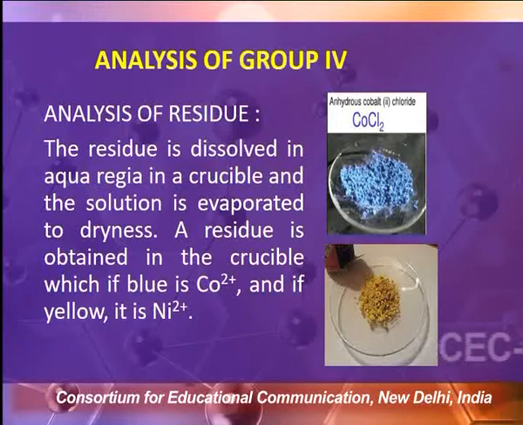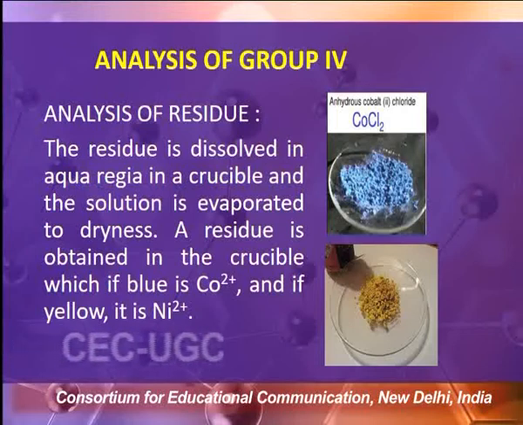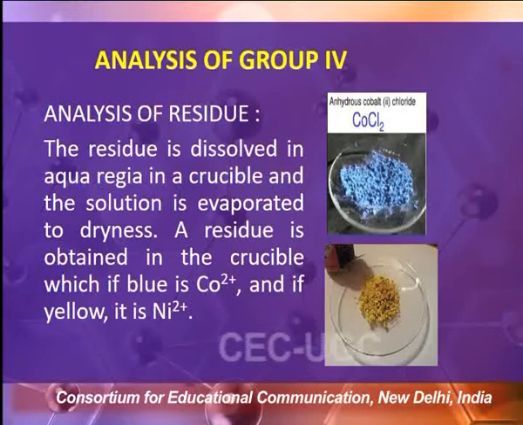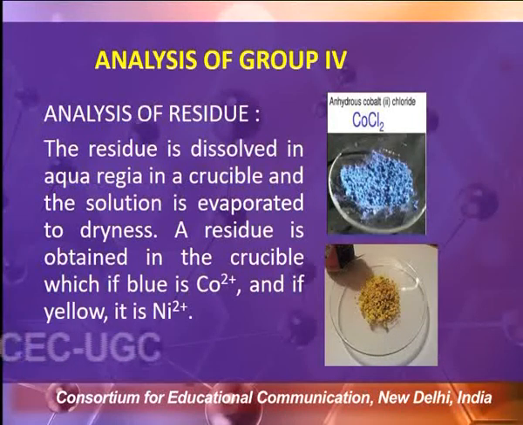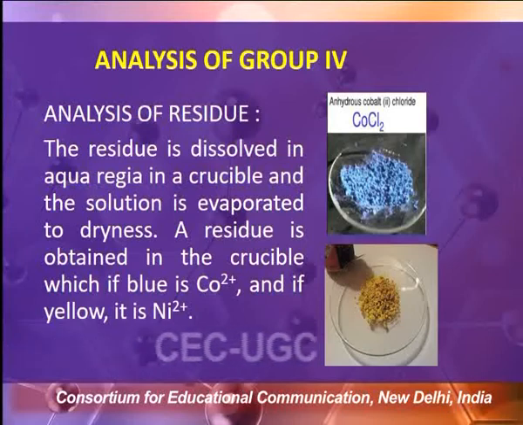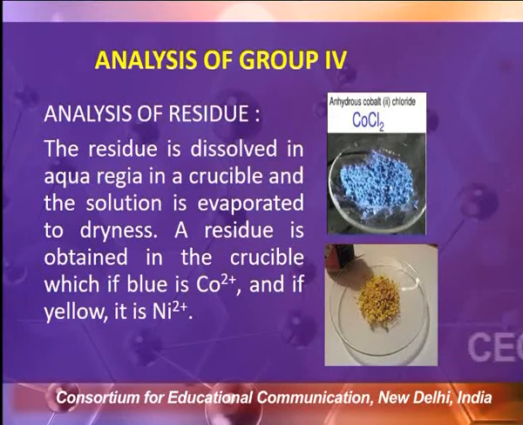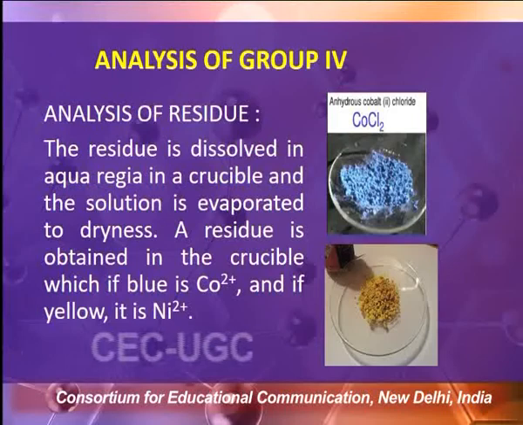The residue which is obtained after evaporating the solution to dryness in the crucible, if the residue is blue in color, it confirms the presence of cobalt ions, and if the residue is yellow in color, then it is due to the presence of nickel ions. And this color of cobalt residue and nickel residue can be seen in the adjoining pictures.